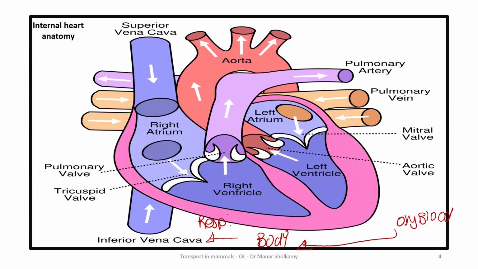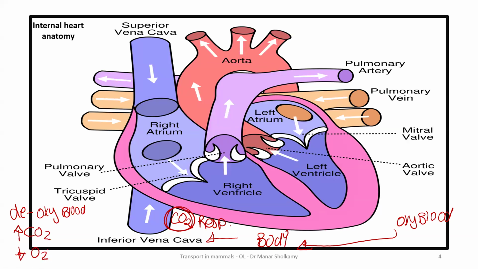Carbon dioxide. Very good. Blood that is rich in carbon dioxide, what do you think it is called? Oxygenated blood or deoxygenated blood? Deoxygenated. Very good. Deoxygenated blood, or in other words, blood that is rich in carbon dioxide and poor in oxygen.